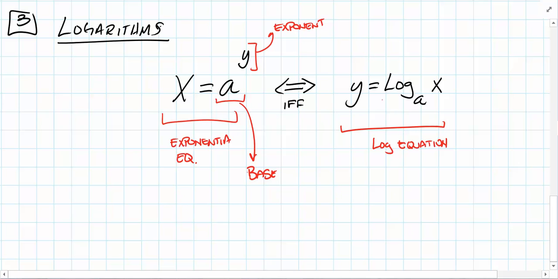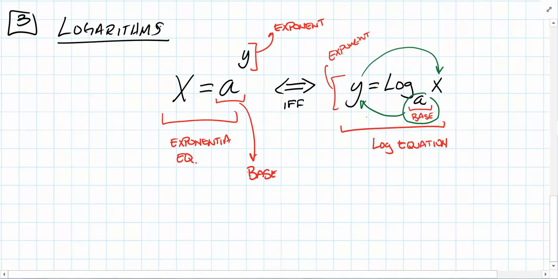Good. So check this out. The y, this part, this is my exponent, right? And it's equal to log base a of x. This is still your base. So your bases stay the same. Now there's this relationship that I use to transfer back and forth, and it looks like this. So what I do is I start with my base. I say my base raised to the power of y has to give me x.